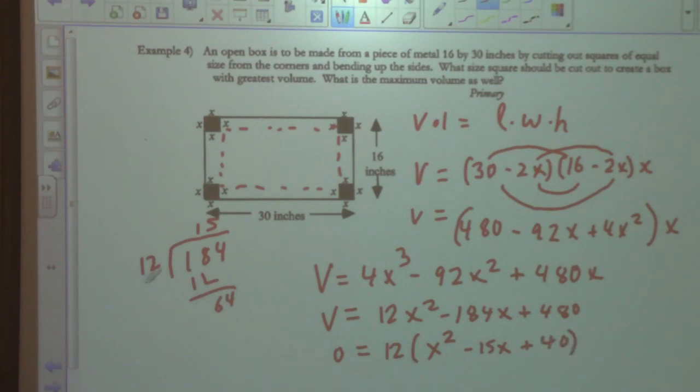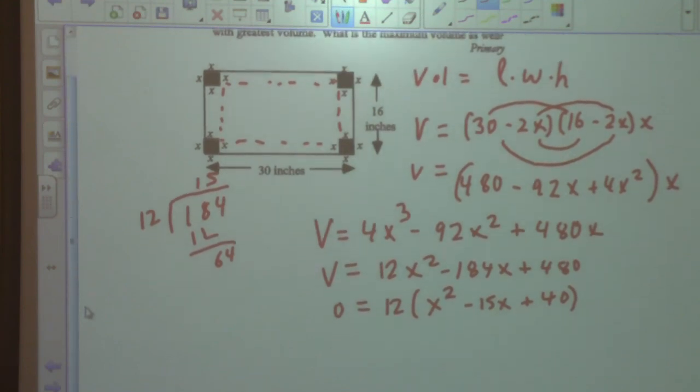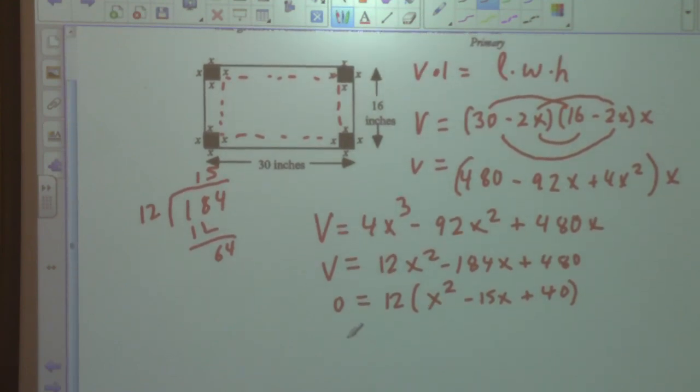And so now we have something that we might be able to factor if we set 0 equal to x squared minus 15x plus 40. Is this factorable? I hope it is.